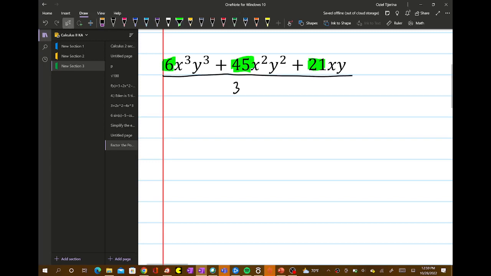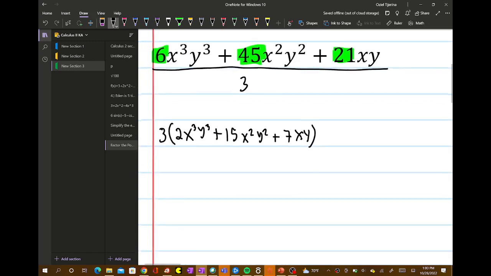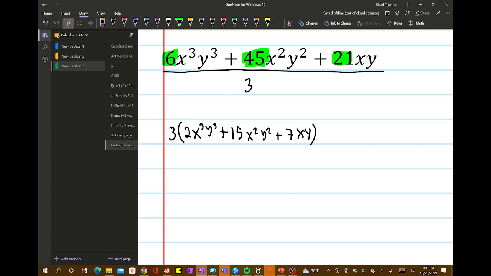So 6 divided by 3 is 2, so you put a 3 outside of the parentheses, and you put 2x cubed y cubed, and then plus 45 divided by 3, which is 15, x squared y squared, and then plus 21 divided by 3, that's 7, and then it'll be xy. That's the first thing that you would do.